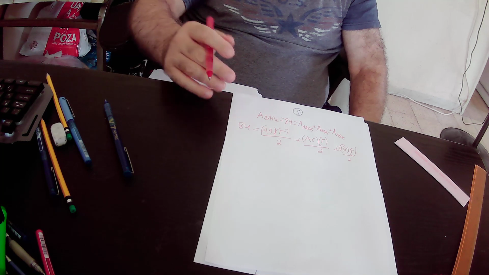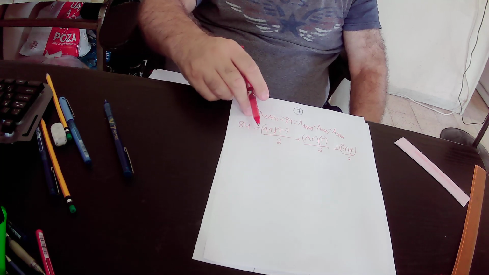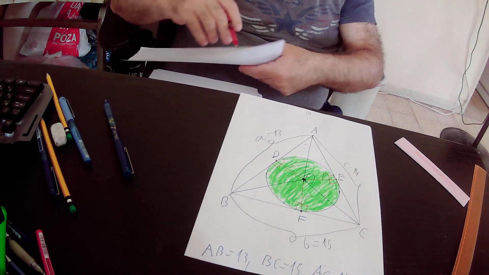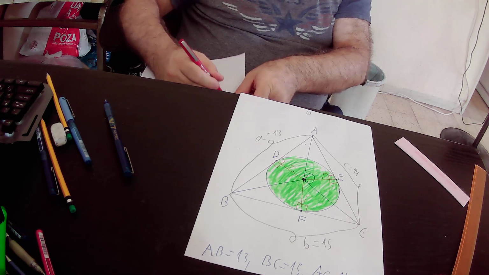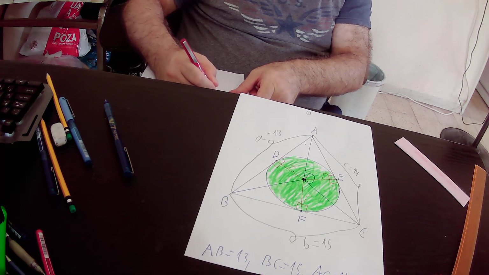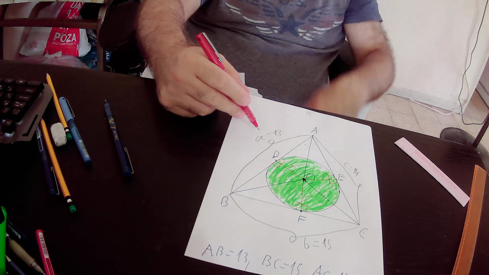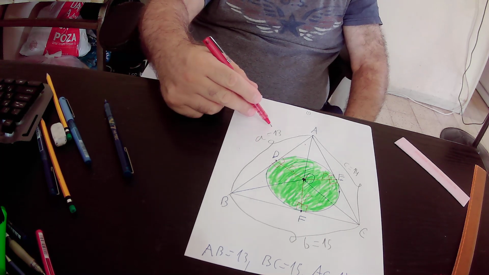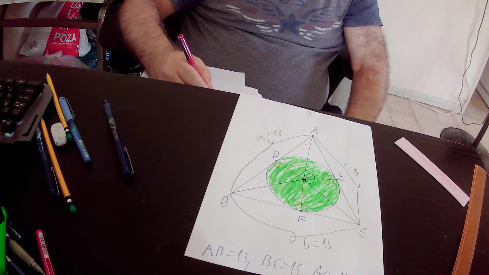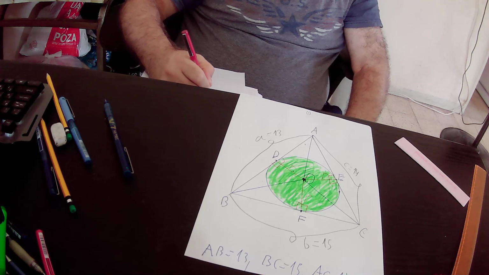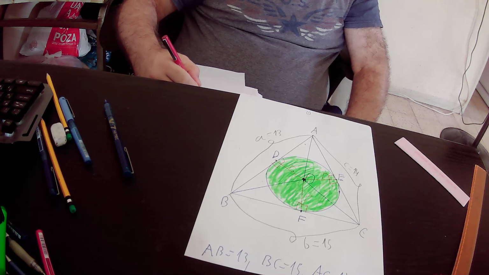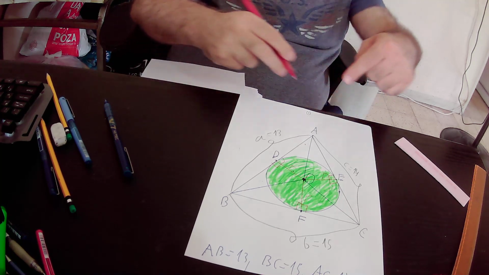But what is AB? Actually, AB equals a, that equals 13 units. And what is AC?